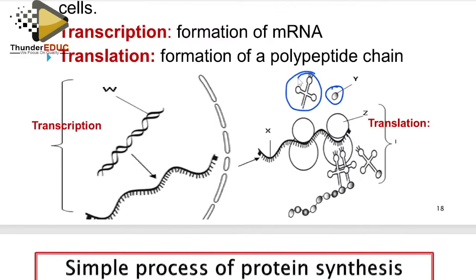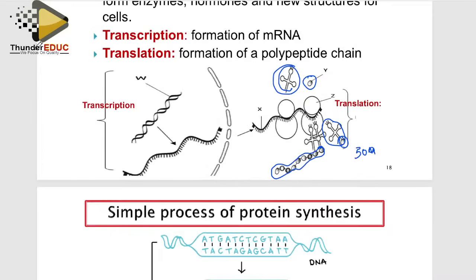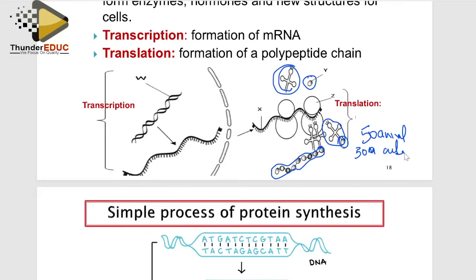These are transfer RNA. This is a transfer RNA also with an amino acid on top. So this is a peptide chain. It's not a protein yet, because it only becomes a protein if it is 50 amino acids. If it is not that, it is not yet a protein.